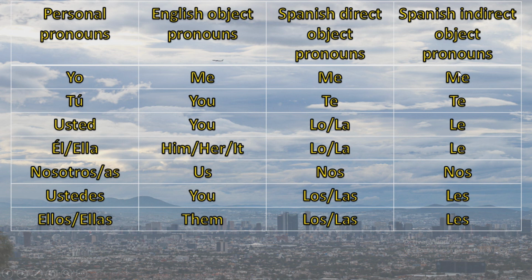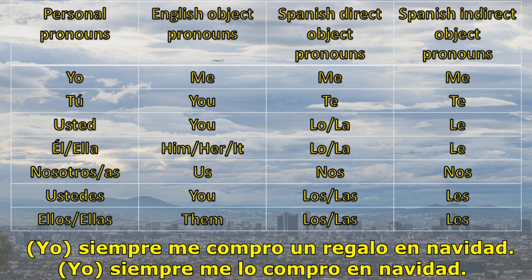And again, it's an indirect object pronoun because I am not buying myself. I don't buy myself at Christmas. I buy a present. So a present is the direct object and yo, okay, me, is the indirect object. So, yo siempre me compro un regalo en Navidad or yo siempre me lo compro.